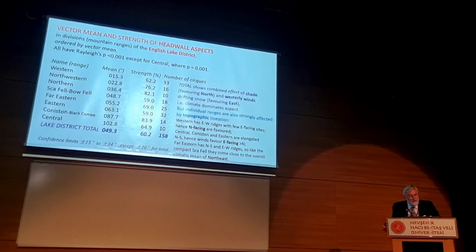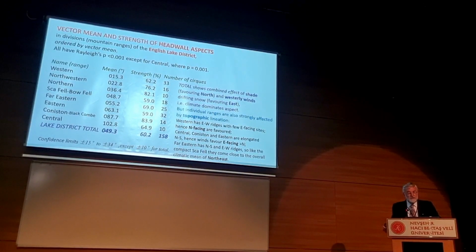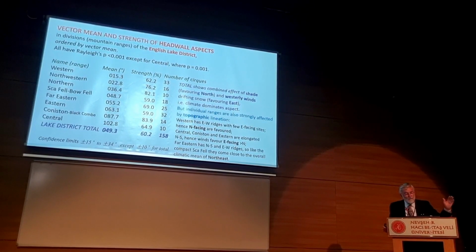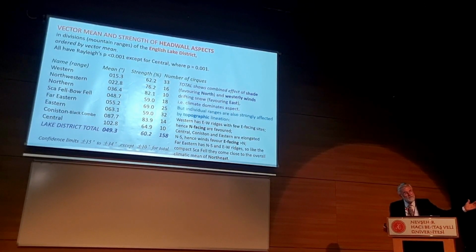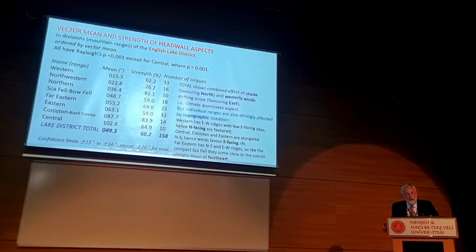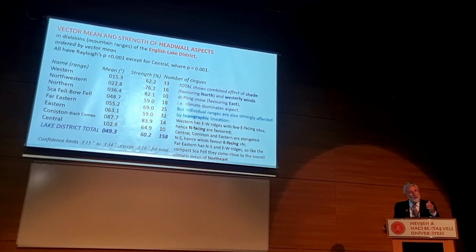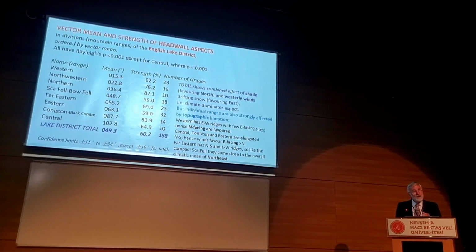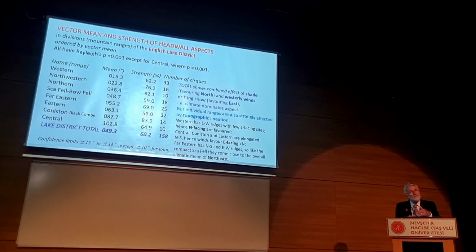The central region and Coniston and eastern regions are elongated north-south, and so winds shifting snow from the west side to the east side favour east-facing glacier development rather than north-facing. And the ones in the middle have both north-south and east-west ridges, and so they come closer to the overall northeast tendency, which shows a combination of shade effects and west wind effects.